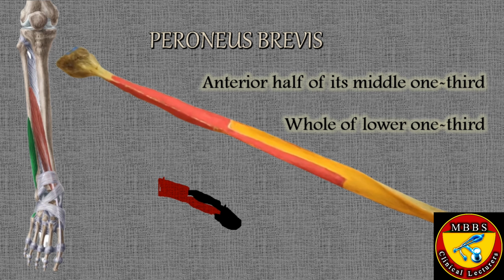Right? So this whole is like a lateral surface, the upper one third plus the posterior half of the middle one third, and this is the anterior half of the middle one third plus the whole of the lower one third. So this is the peroneus brevis and this is the peroneus longus muscle.